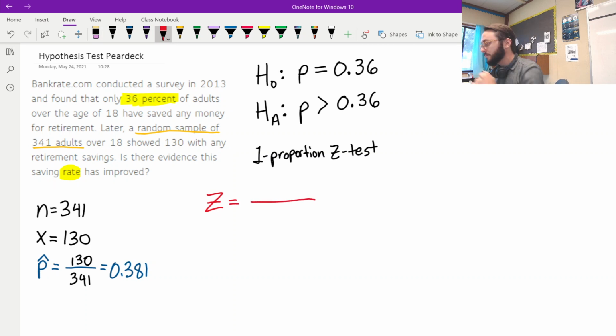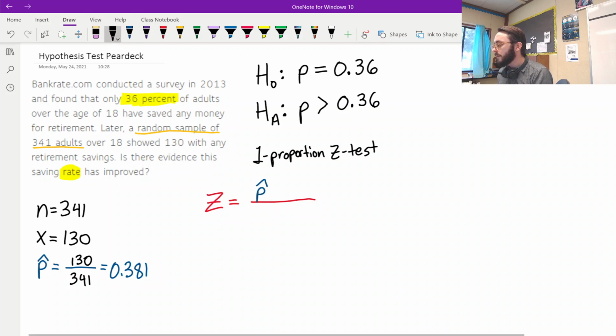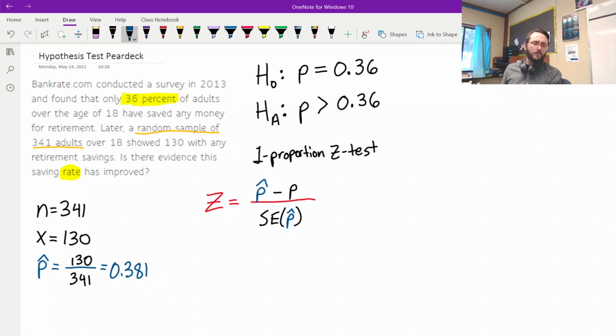Any z-score or test statistic for right now for us is always what we observed minus what we expected divided by the standard error. Now we haven't calculated the standard error yet, so we need to do that.